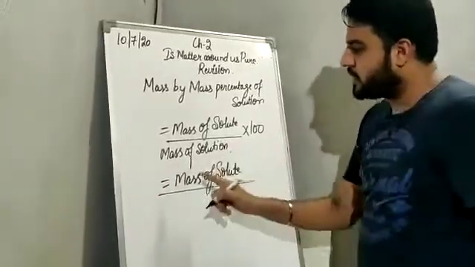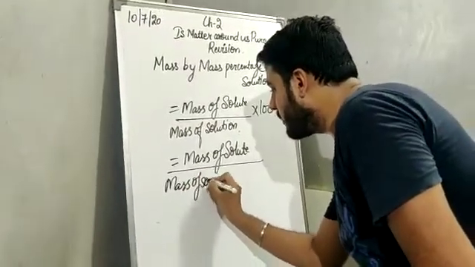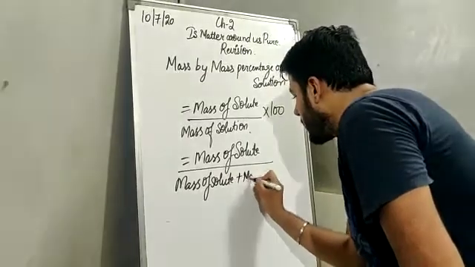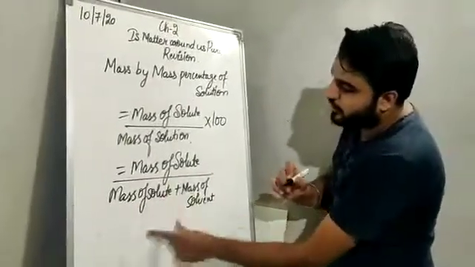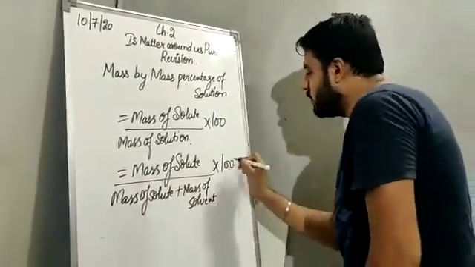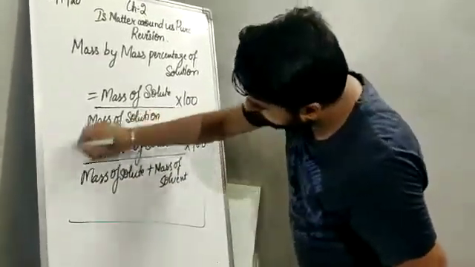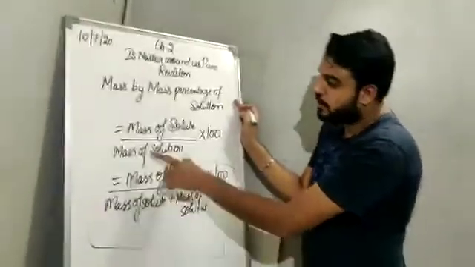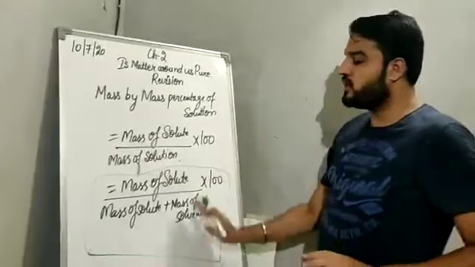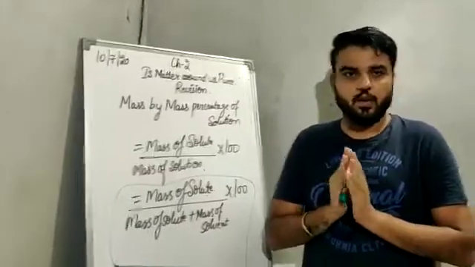So in place of mass of solution you can write mass of solute plus mass of solvent, and for the percentage you will multiply it by 100. So the formula becomes mass of solute divided by mass of solute plus mass of solvent, which gives the mass of solution, into 100. This is the formula by which we calculate mass by mass percentage of solution.